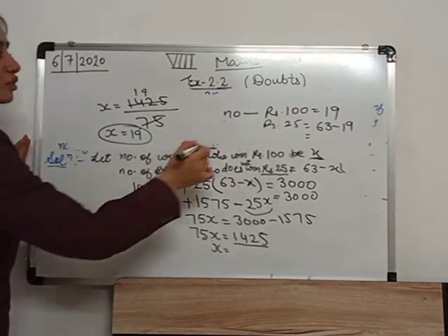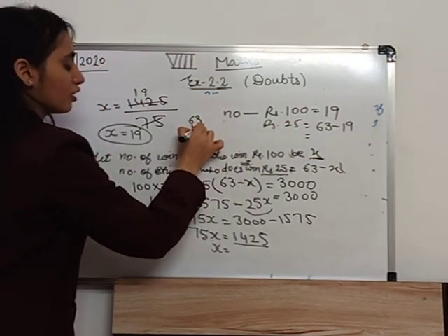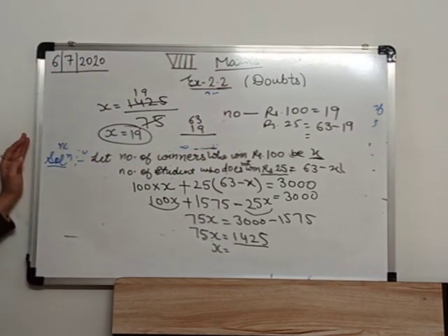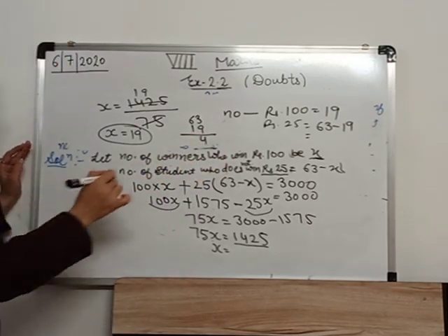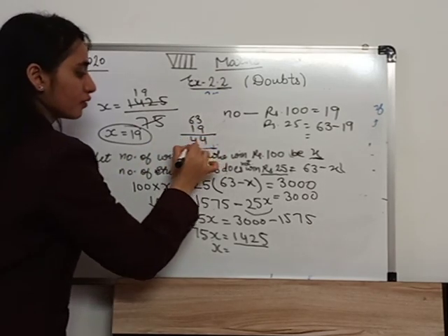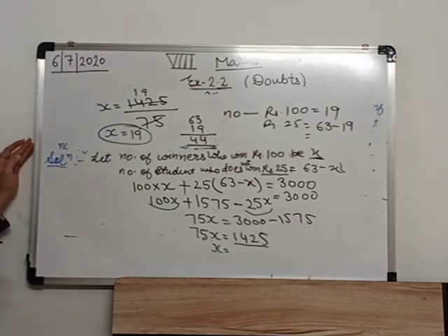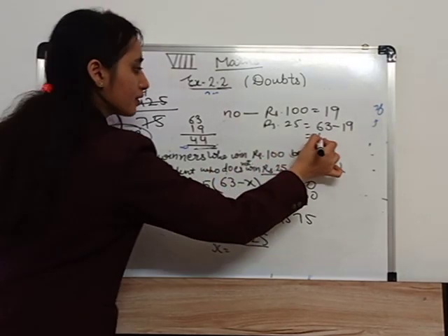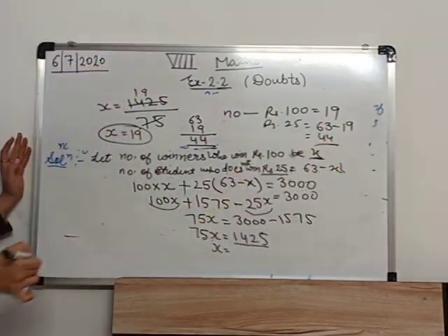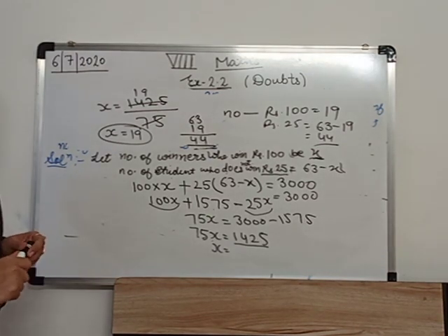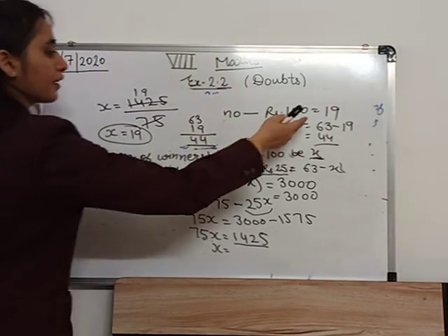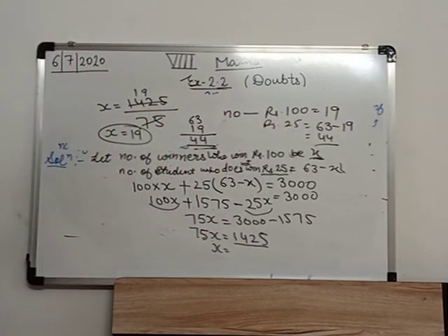Okay. Solve this and write the value. 13 minus 9 is 4, and 5 minus 1 is 4, that is equal to 44. Means 44 students get rupees 25 only, and 19 students get rupees 100.